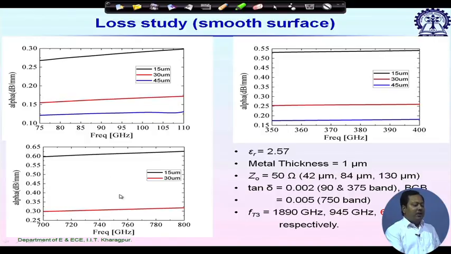Why? Because for 45 micrometer we will be facing the transverse resonance phenomenon, since we have already calculated FT3 is 613 gigahertz for the third case.